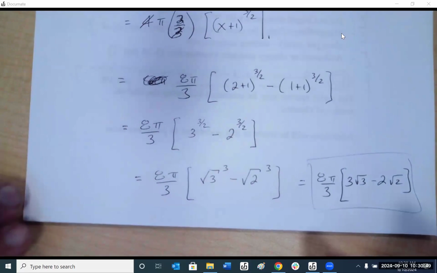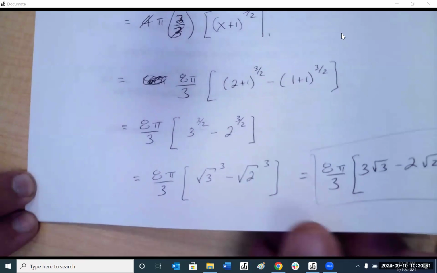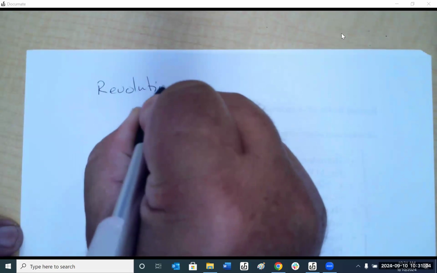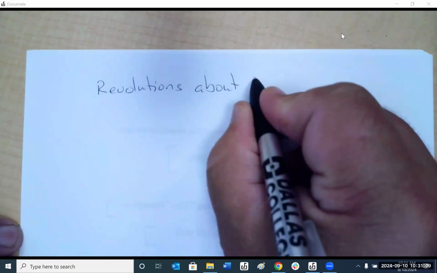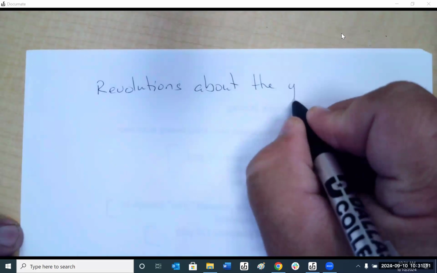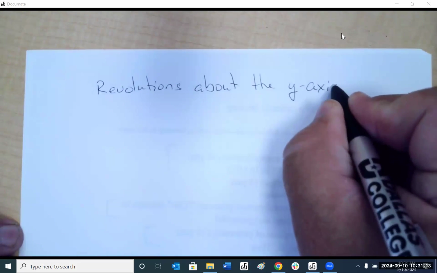As it showed here, it helped us having the 2 square root of 2 up there, square root of x. Okay, now what about revolutions about the y-axis?